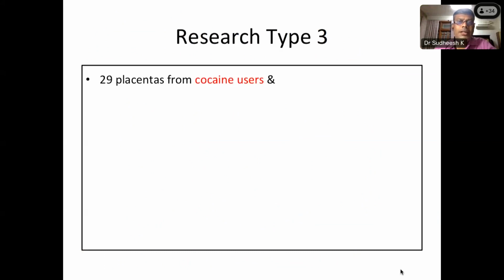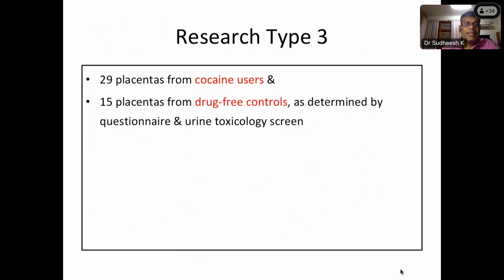In this study, the researcher used 29 placentas from cocaine users. Okay, so he identified all the cocaine users and collected their placentas, and then 15 placentas were collected from patients who were matched with regard to age and sex, etc., but who were not cocaine users.